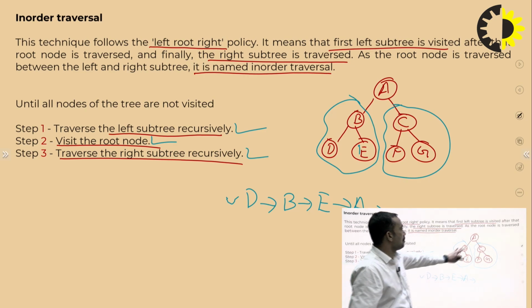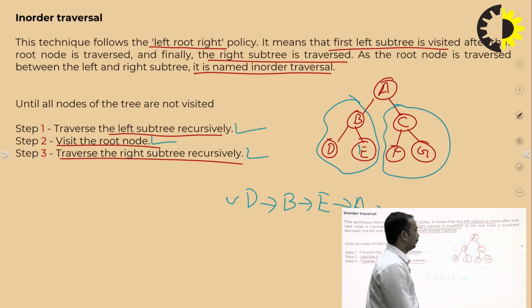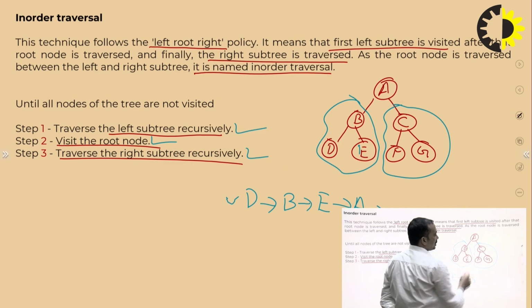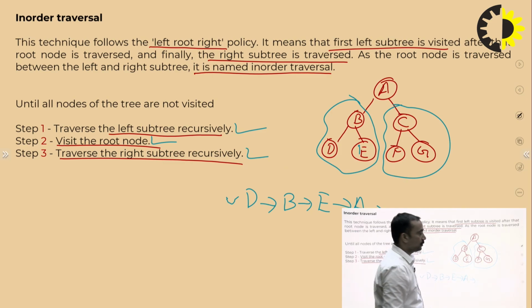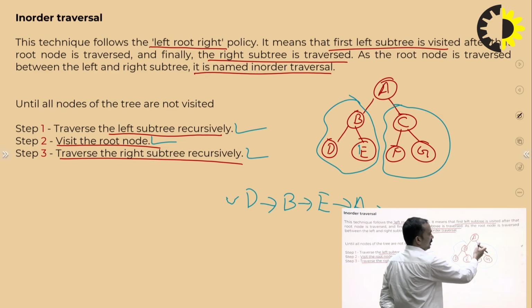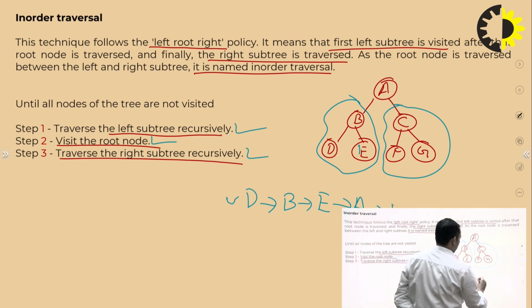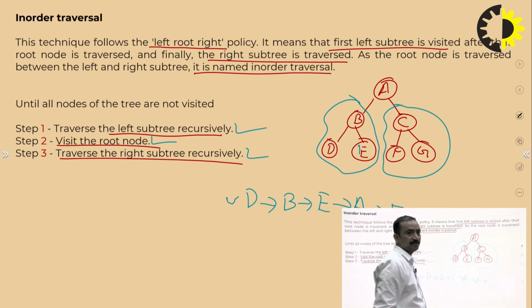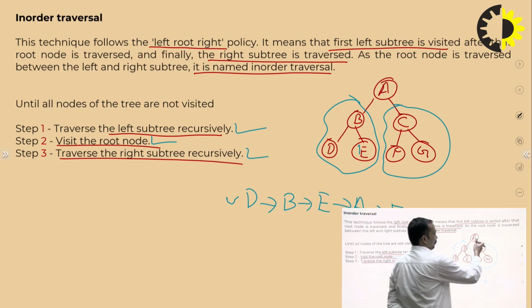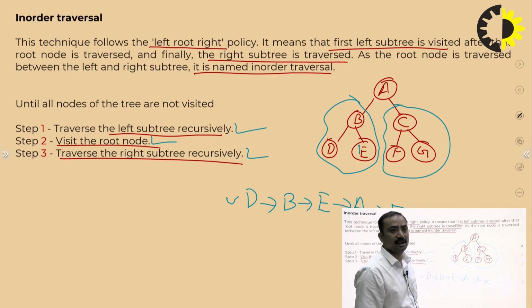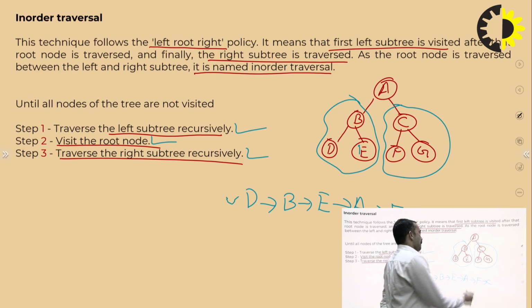Now on the right subtree of A, we have C, F and G nodes. So we have to visit these three nodes C, F, G. For C, we visit the left subtree of C, which is F. The root of F is C. Now visit the right subtree.